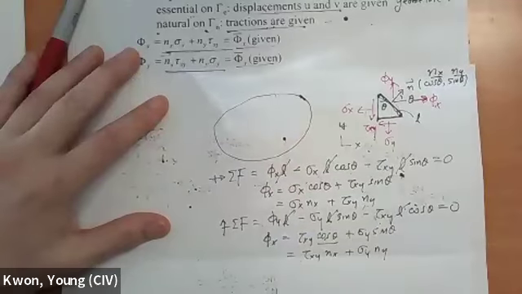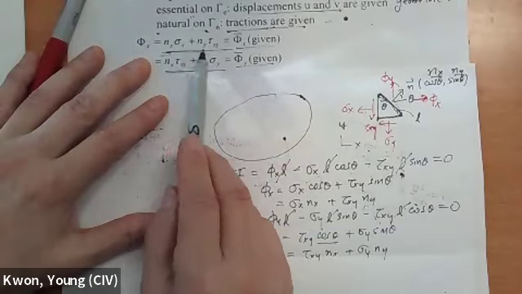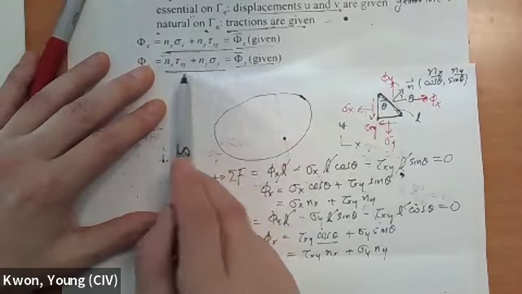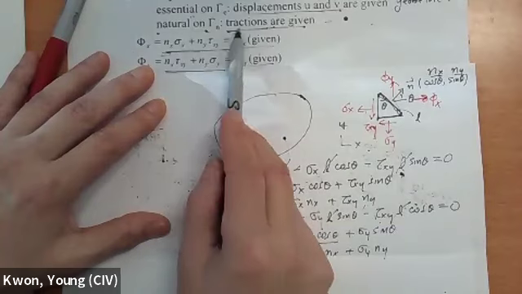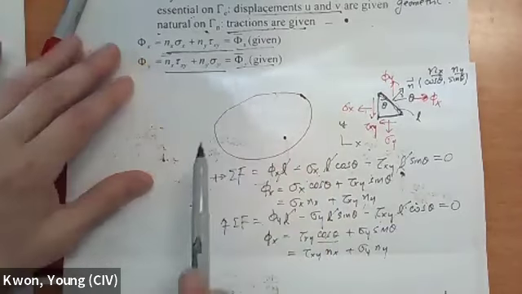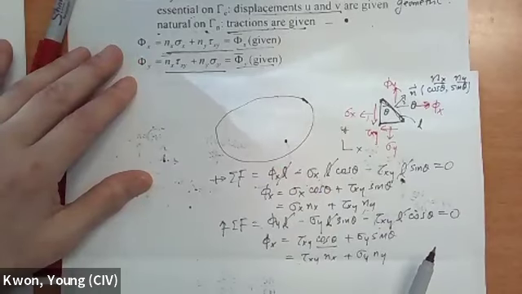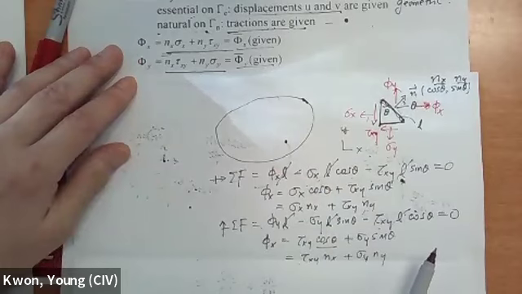Okay, so traction is expressed in terms of stress, sigma x, sigma y, and tau sub xy component. And then whether this is given or not given depends on boundary condition. That's going to be the traction boundary condition. Got it?